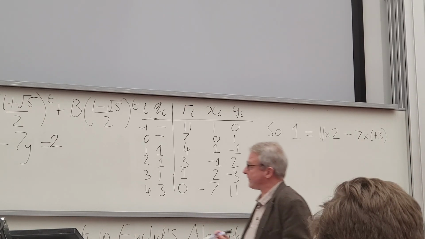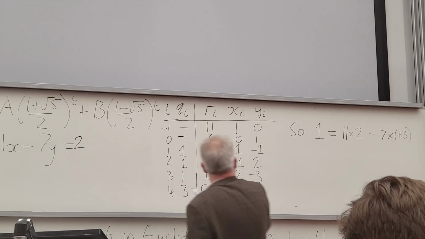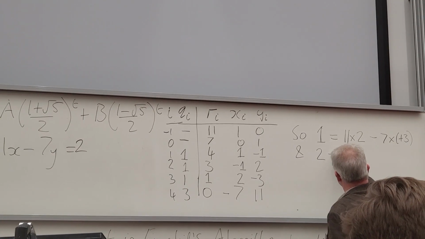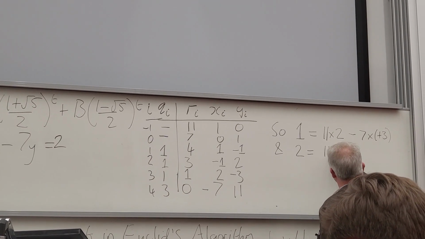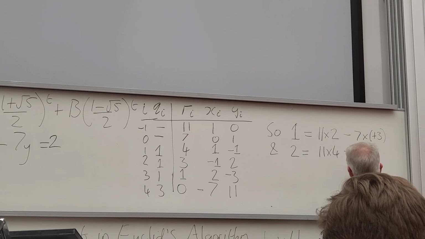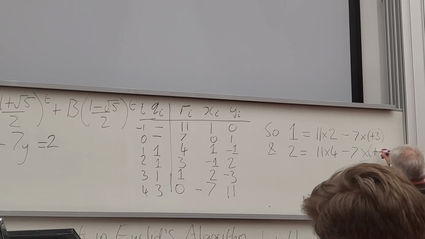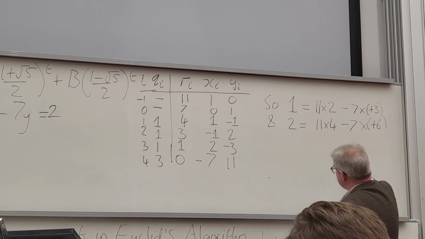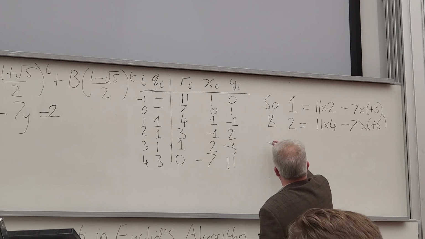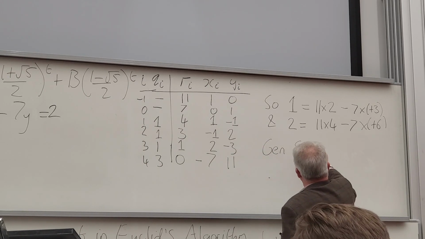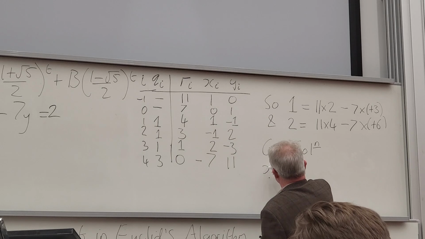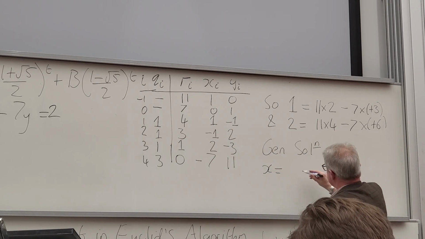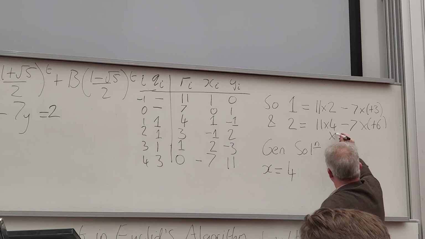Asks us to solve 11x minus 7y is 2. So we get 2 is 11 times 4 minus 7 times plus 6. General solution is little x is the capital X, which is 4.